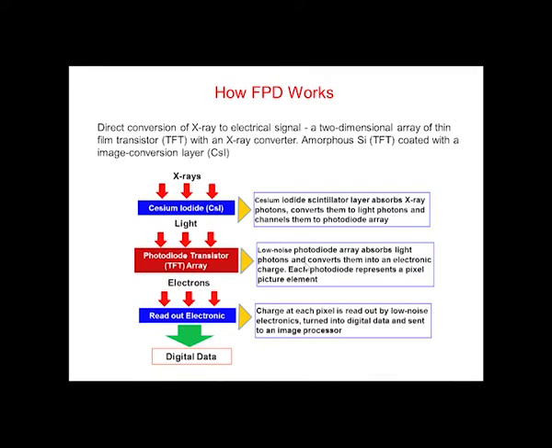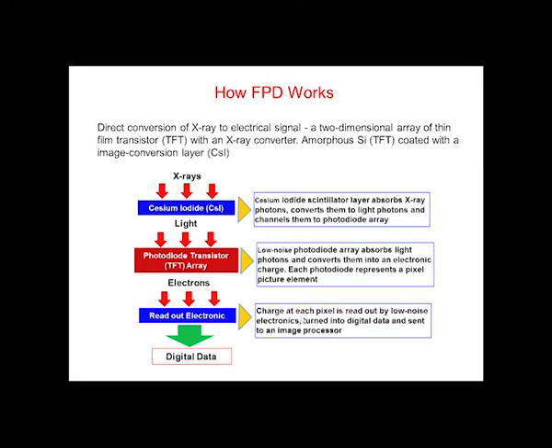Once these light photons are converted into an electronic charge, that will be stored in capacitors which are built into this photodiode layer, and finally it will be read out by the readout electronics which is part of this detector, which will convert this analog electrical signal into a digital signal through which the digital image will be formed.